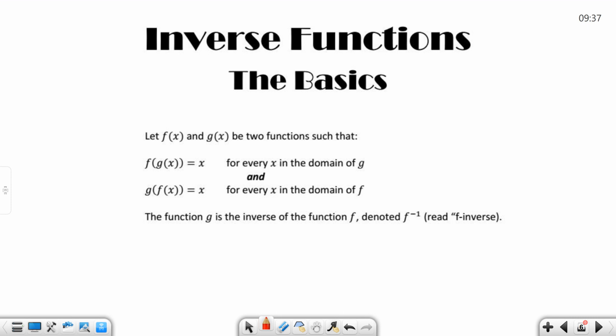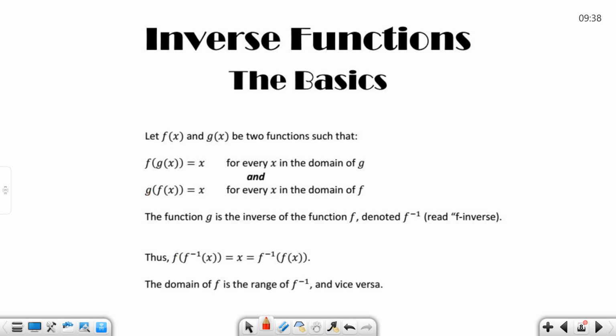The function g is the inverse of the function f, denoted f with this -1 exponent. You read that f inverse. So thus, if we put f inverse right here, then we get this. So f of f inverse of x is x, and f inverse of f of x is also x.